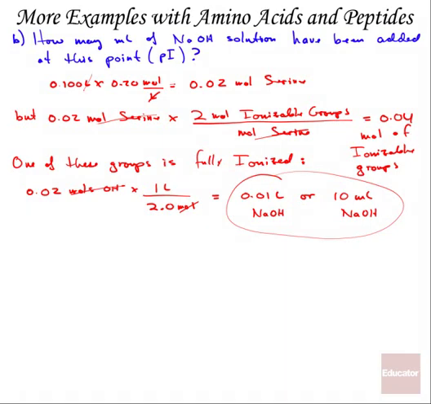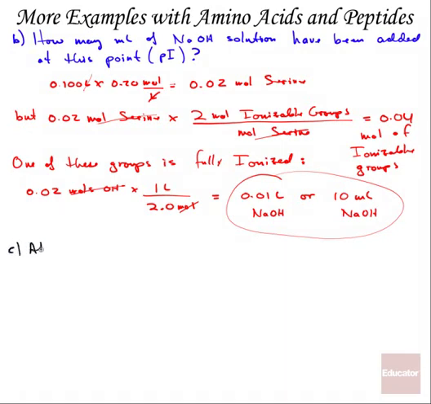Okay. Let's see, part C. Hope you don't mind that I'm jumping around from color to color. Okay. Now, at what pH, actually, you know what? Let me go ahead and do this one in, let me go back to black.